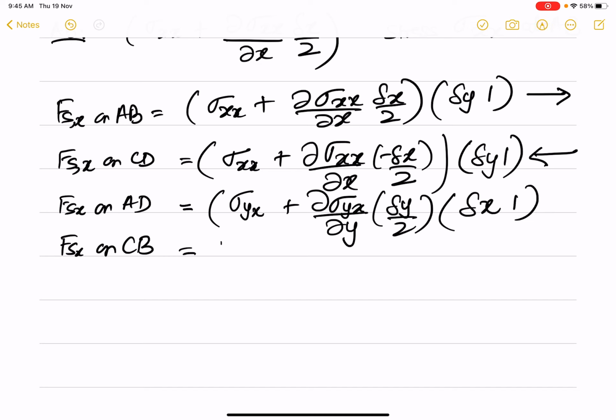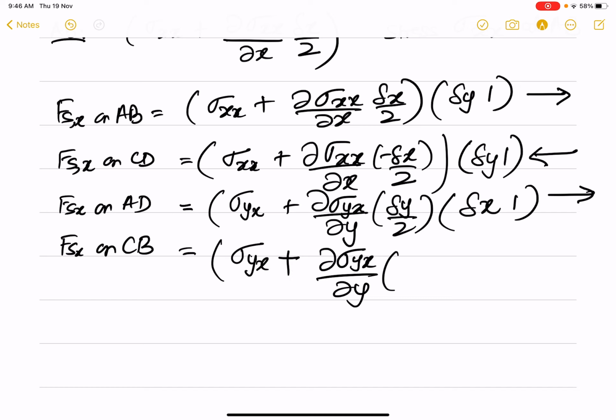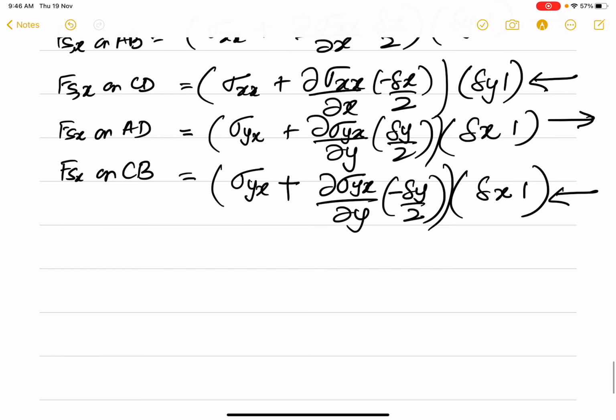And Fsx on CB, similarly, and this force will be in the plus x direction. This will be sigma yx minus partial sigma yx by partial y times delta y by 2, and this whole thing multiplied by delta x times 1. And this force acts in the minus x direction.